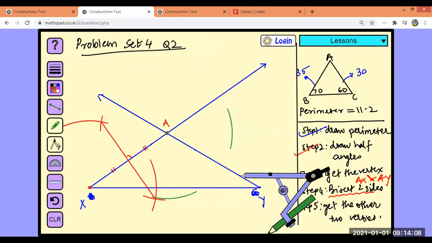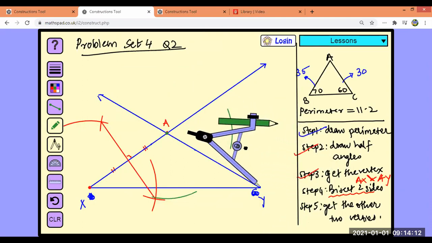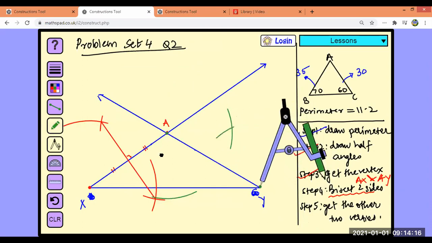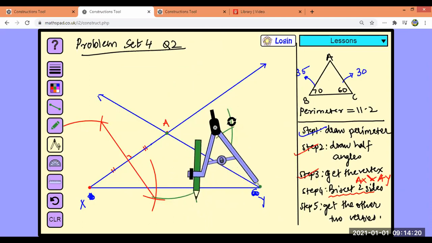Using the same distance, place the steel point on Y, and now we are going to cross out those two arcs. So here we cross out those two arcs like that. Yes. And once the arcs get crossed out, we join those two points to get the perpendicular bisector. Right?